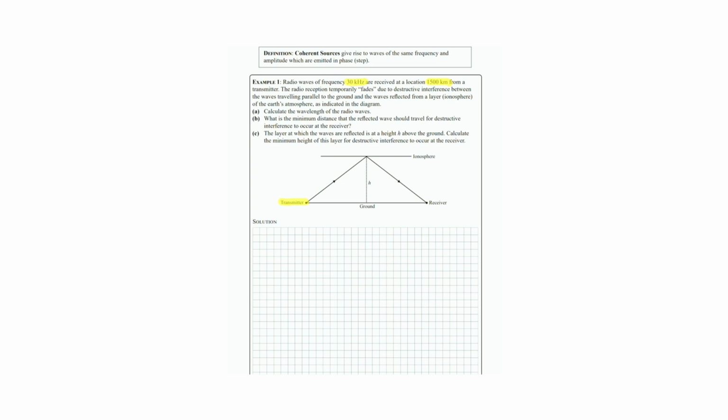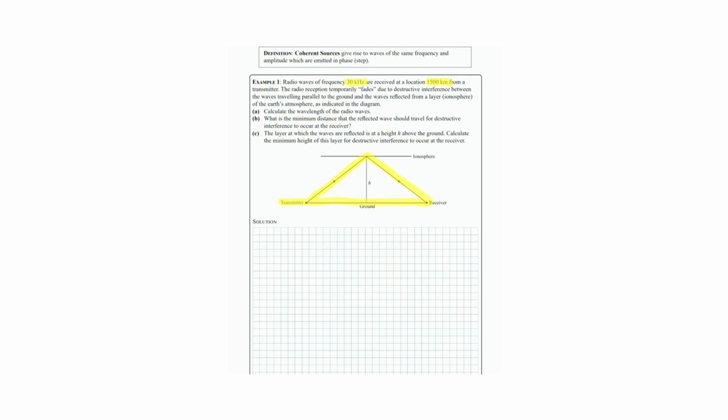The radio reception temporarily fades due to DI, destructive interference, between the waves traveling parallel to the ground, the waves are going to travel along the ground to the receiver, and the waves reflected from a layer high up in the atmosphere called the ionosphere.